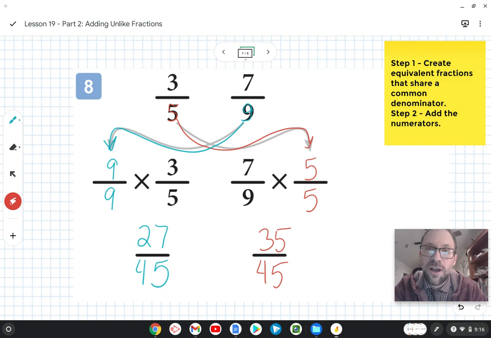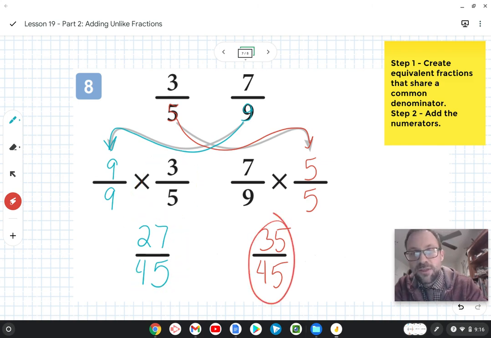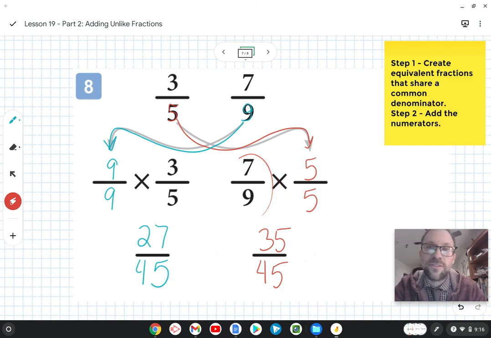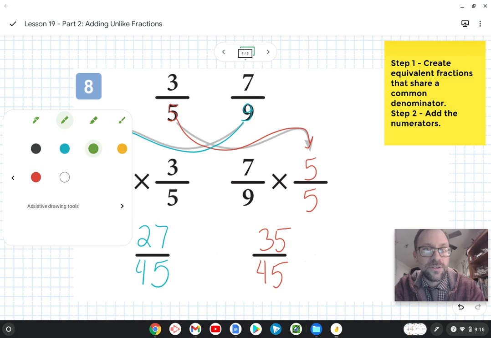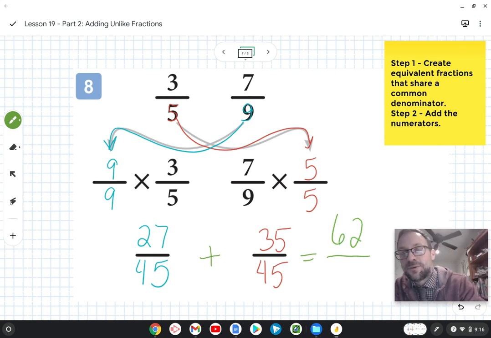A denominator both fractions have in common, and 27/45 is equivalent to 3/5, and 35/45 is equivalent to 7/9. We are ready to add. What is our final answer? 27/45 plus 35/45 is equal to what? Did you say 62/45? I hope so. That's the right answer.